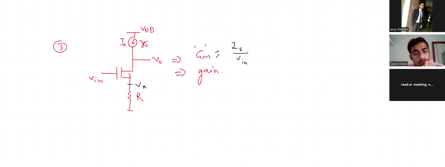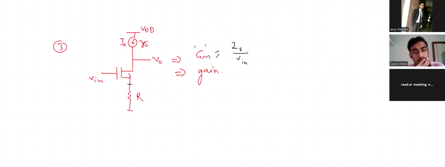So here small gm into V minus Vx current will flow. Gm into V. What is GM? Which is I small naught here.